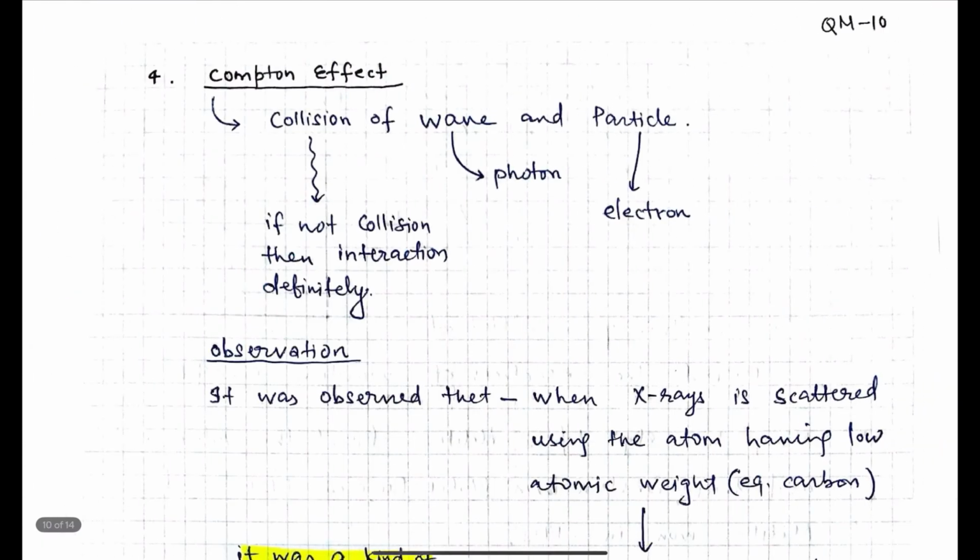Now let's move to the next important topic, that is Compton effect. So in simple language, we could say that Compton effect is collision of wave and particle. Here the wave is a photon and the particle is an electron, and if not collision, then we call it interaction definitely.